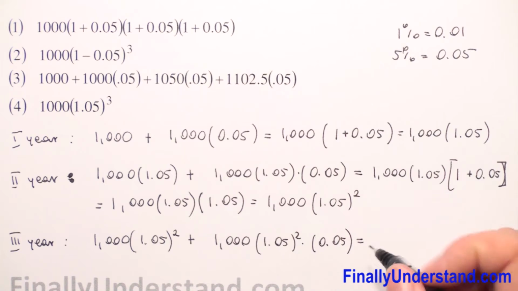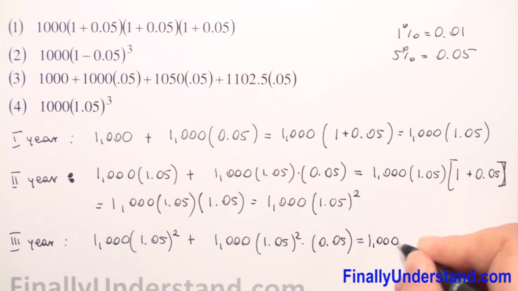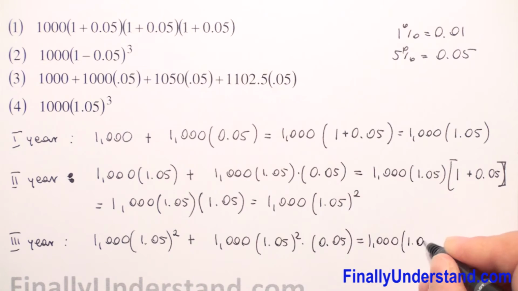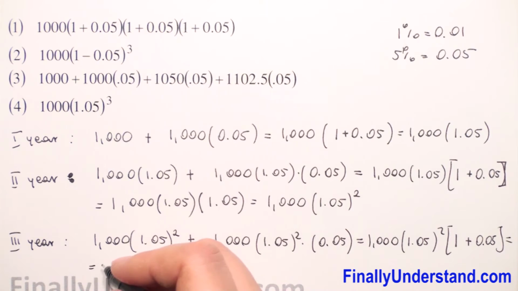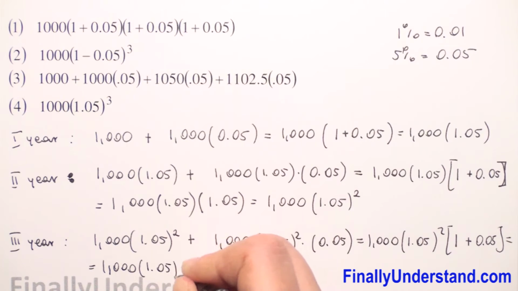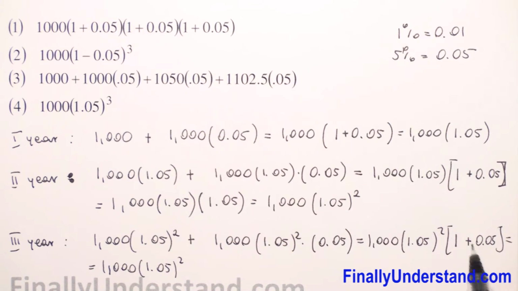Again, we can factorize 1,000 times 1.05 to the second power, which we have in both expressions. In brackets, from the first expression we have only 1, plus from the second 0.05. So this is equal to 1,000 times 1.05 to the second power times, in parentheses, 1 plus 0.05, which is 1.05.